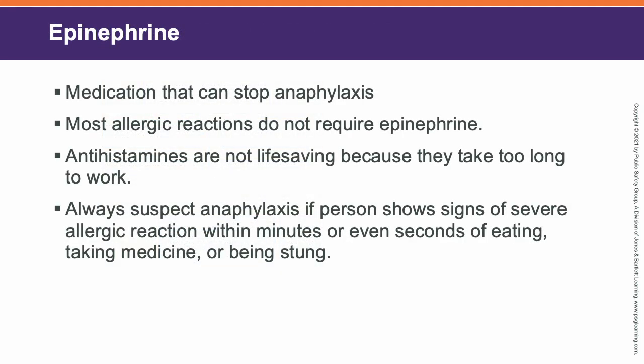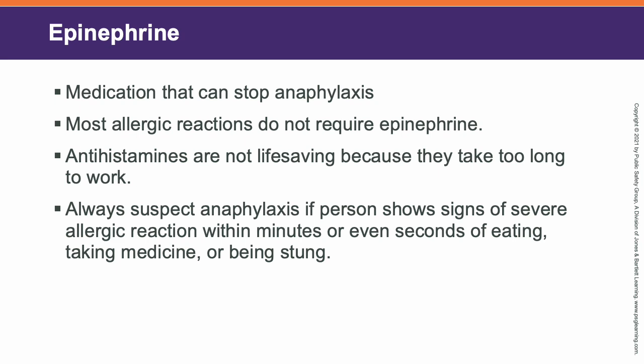All right. So epinephrine. Epinephrine or EpiPens, and all an EpiPen is, it's an auto injector with the medication epinephrine. It's used to treat anaphylaxis because it's a very strong antihistamine. An antihistamine is sort of like an anti-inflammatory.